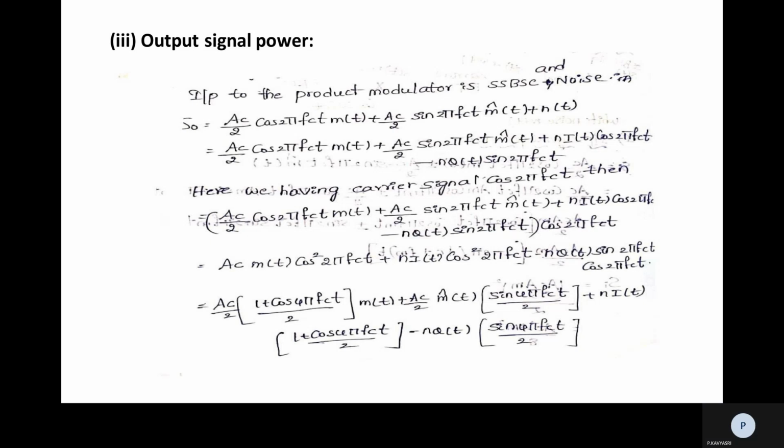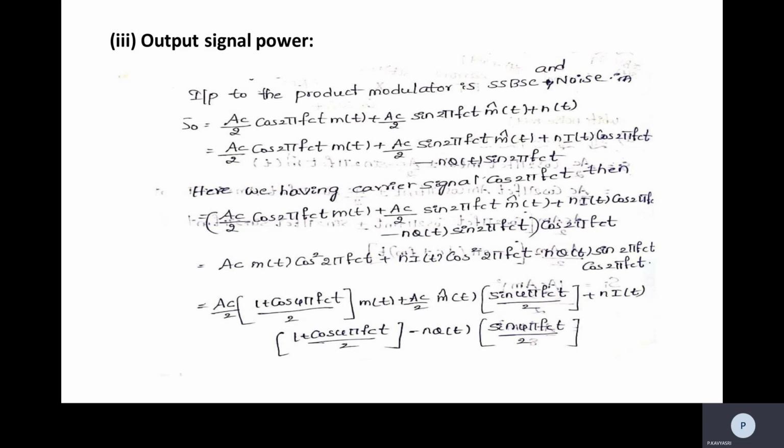In the next step, I write the noise in terms of in-phase and quadrature components: Ac by 2 cos 2 pi fct m of t plus Ac by 2 sin 2 pi fct m cap of t plus ni of t cos 2 pi fct minus nq of t into sin 2 pi fct.